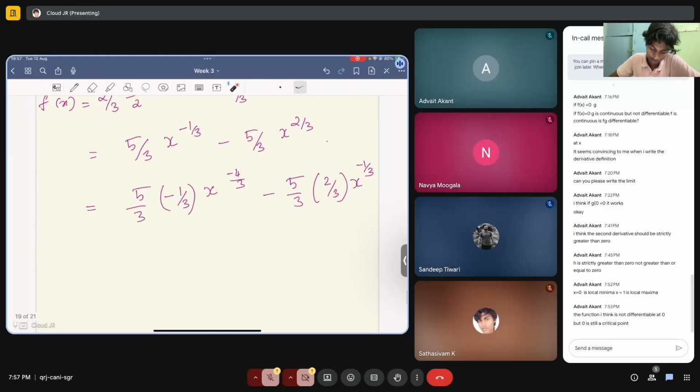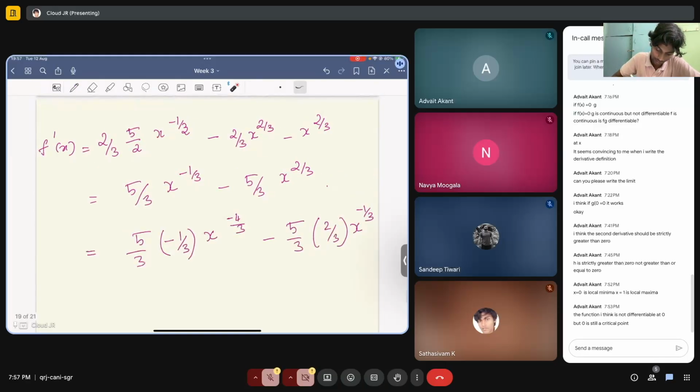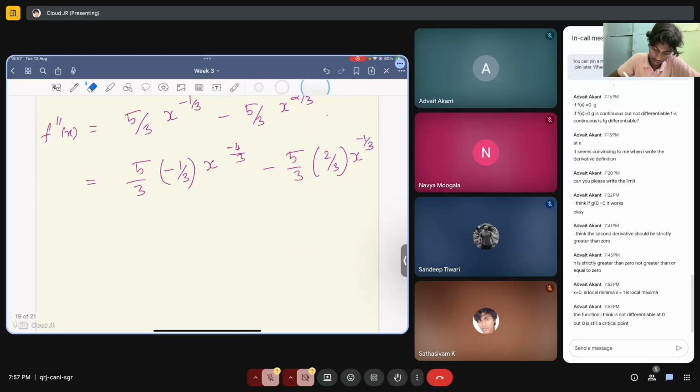Now this is my second derivative, but I have to evaluate it at 1. So this will be 5 by 3, so this is minus 5 by 9. Okay, so here you put 1, then this term is just 1. Minus 10 by 9.